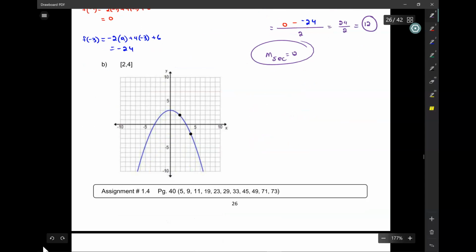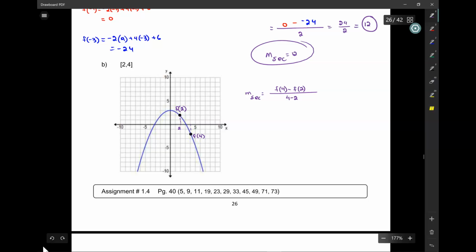Okay, in the next case, it's even easier, right? I have 2, 4. That's the interval, and I've given you the graph. So this is x equals 2. This is f of 2. And this is f of 4. So the slope of the secant line is f of 4 minus f of 2 over 4 minus 2.